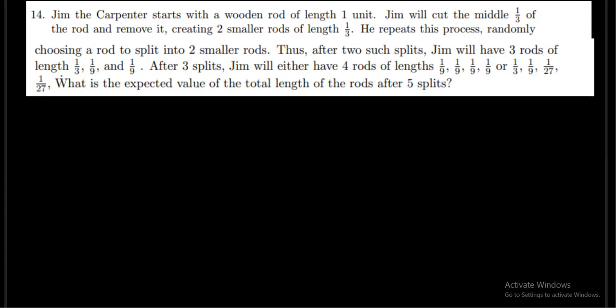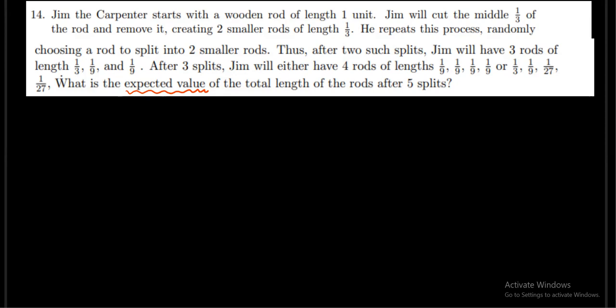Thus, after two such splits, Jim will have three rods of length 1/3, 1/9, 1/9. After three splits, Jim will either have four rods of length 1/9 each, or 1/3, 1/9, 1/27, 1/27. What is the expected value of the total length of the rods after five splits?